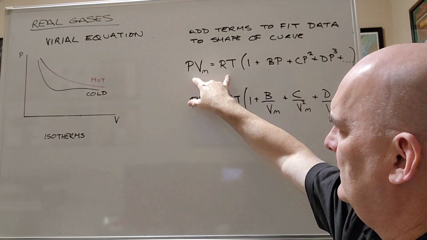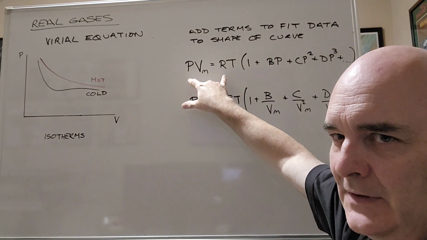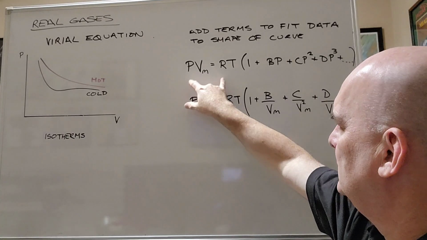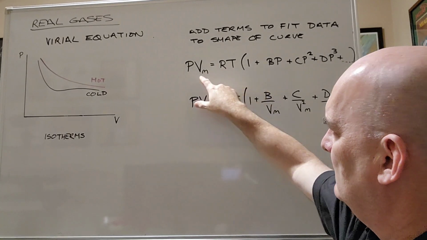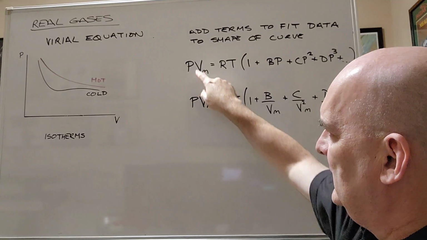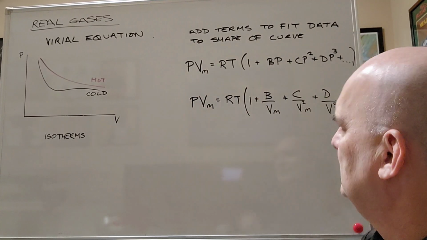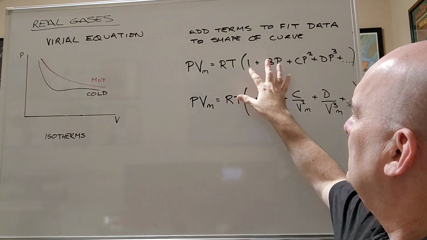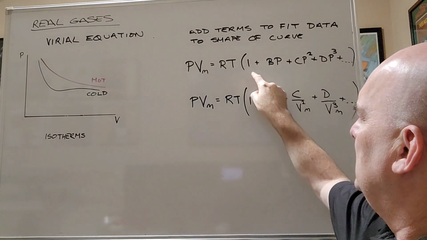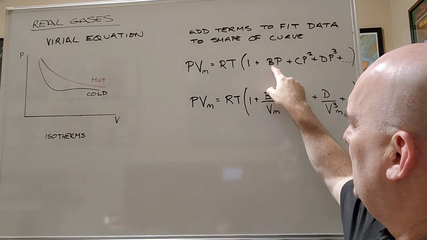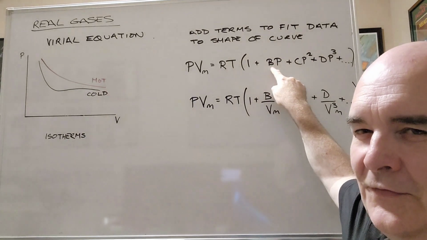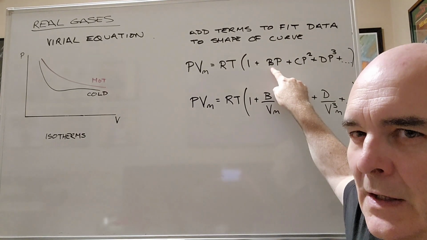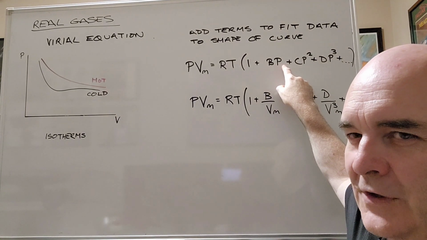Okay, so we're going to add these little corrective terms to our existing formula. This is what they call a good first approximation, that PVm equals RT. Remember, Vm is V divided by n, so the n doesn't need to be here. And then the expansion of this is a power series where I'm going to take this virial coefficient B and multiply it by my pressure term.